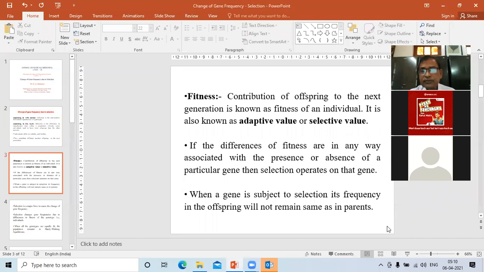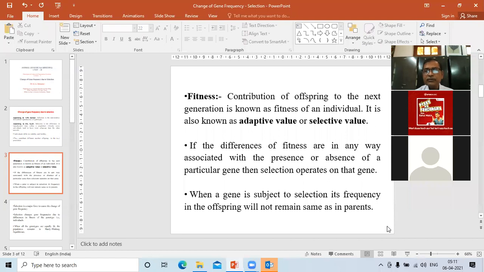There are some terms connected with this when we see the change of gene frequency due to selection. First is fitness. What is fitness? Fitness means the contribution of offspring to the next generation by an individual.